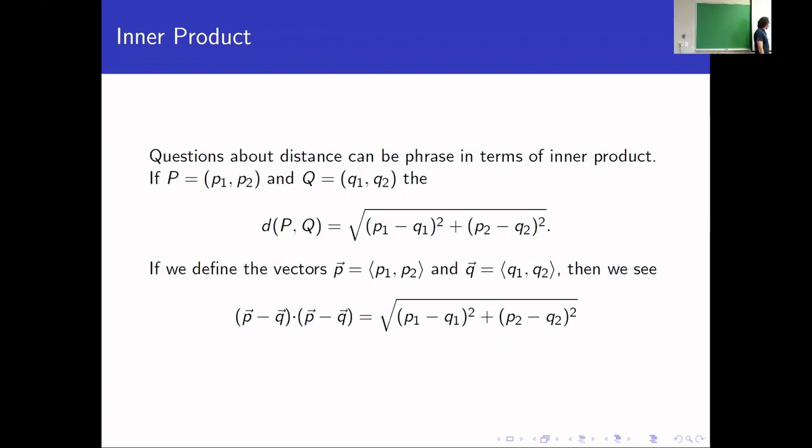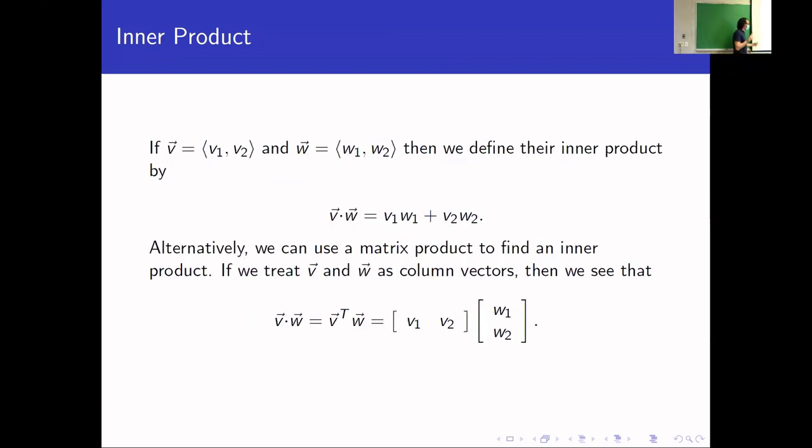P minus Q, well, I would just take the difference between the coordinates. I would get P1 minus Q1 times P1 minus Q1, in other words, that plus P2 minus Q2 times P2 minus Q2.